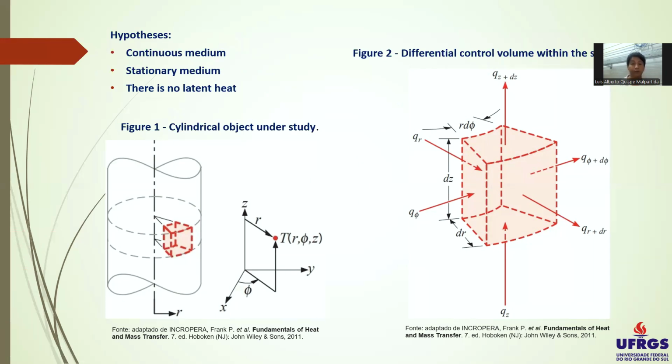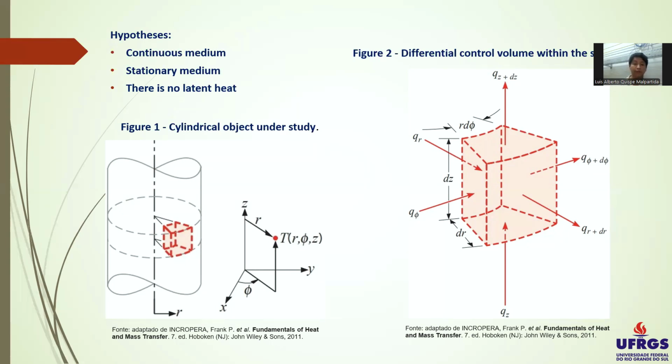That is, the temperature doesn't vary with time because the volume of variations produced by the change are smaller than the volume of the body. Finally, there is no latent heat, which implies that the heat flow doesn't cause phase changes in the material. That is, the heat transfer only produces a temperature variation without transformations between solid, liquid, or gas.